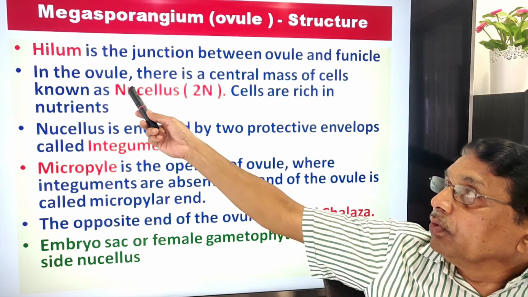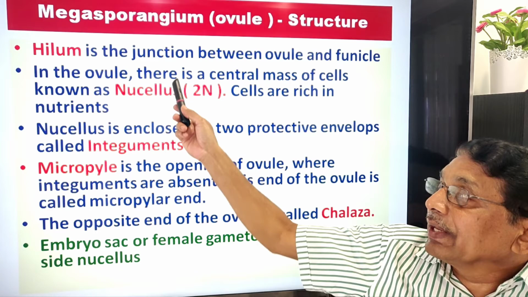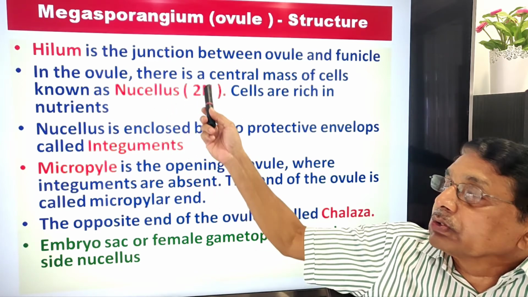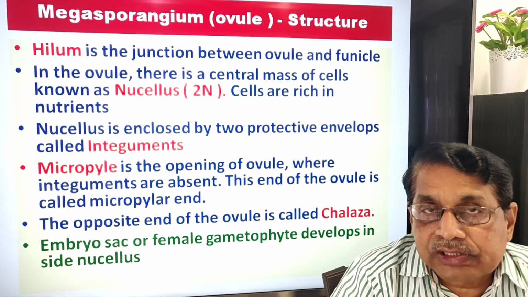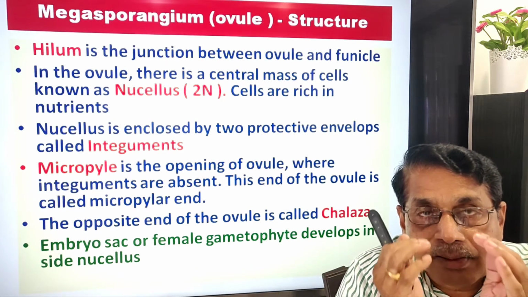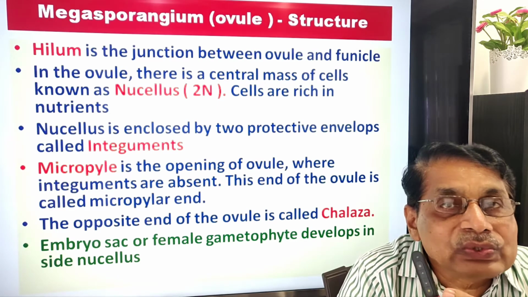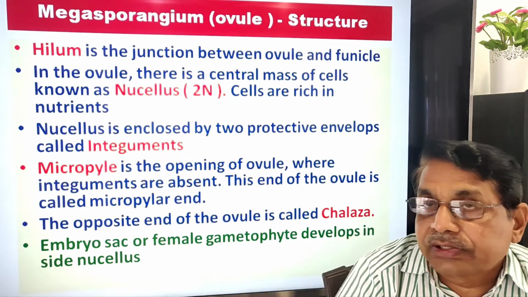In the ovule there is a central mass of cells known as nucellus, which is diploid, which belongs to the parental generation. Nucellus inside the ovule, a mass of cells, nucellus 2n. Cells are rich in nutrients.